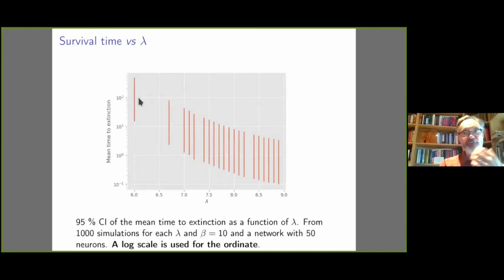So how does, on average, the survival time behave as a function of lambda? That's illustrated here. Again, log scale on the ordinate. These are 95% confidence intervals, computed from the likelihood ratio. And there's some censoring for the smallest values of lambda.